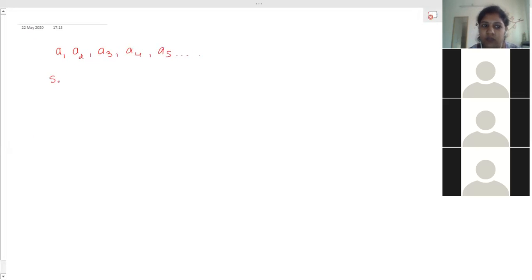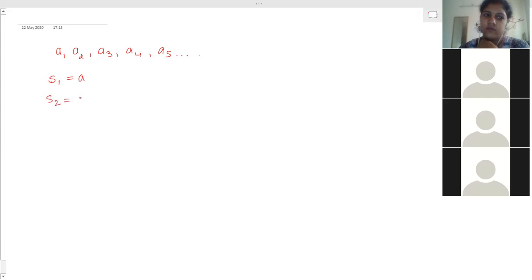So what is S1? What do you mean by S1? It is the sum of the first term. It's A only. Sum of one term is that number only. So S1 is A.